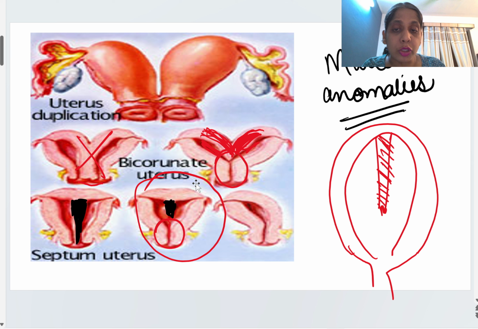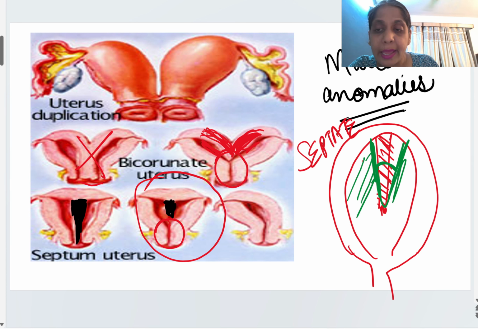Because there is no uterine wall in the septate uterus, the angle between these two cavities, see, this is one cavity and this is two, is usually acute.